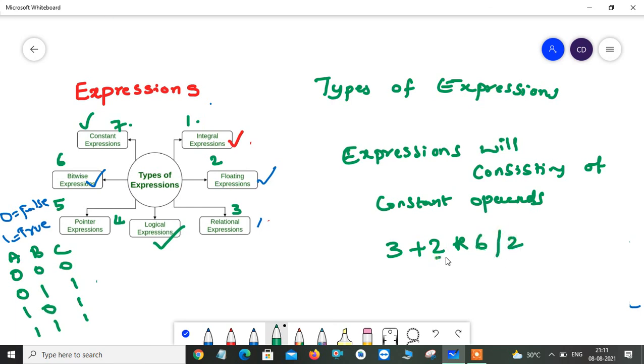Now this one has the highest priority, you can do that, and after that this one has the highest priority, you can do that, then you can add, and you get your result as 12. So what constant expressions say is, whenever your expression has constant operands, such expressions are said to be constant expressions. So this is about the expressions concept in the C programming language.